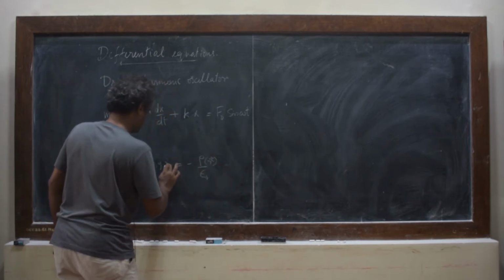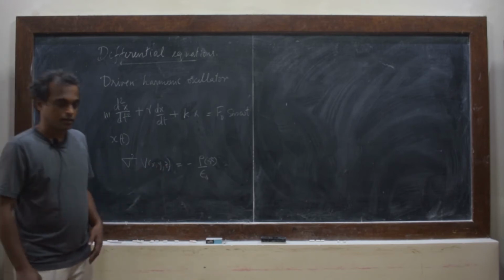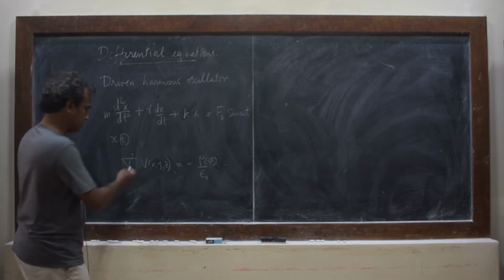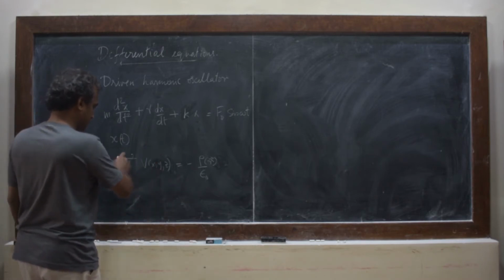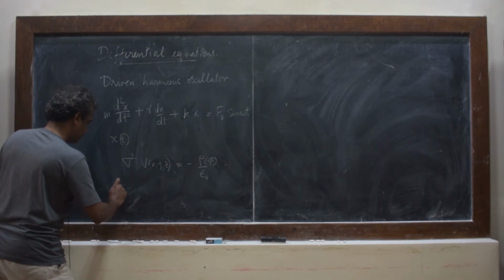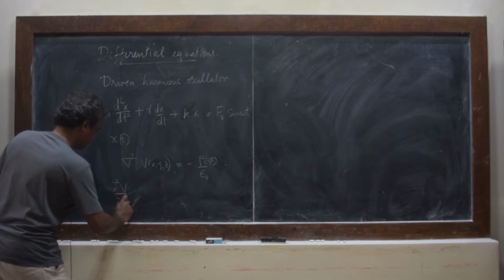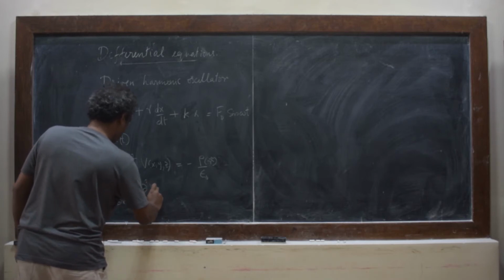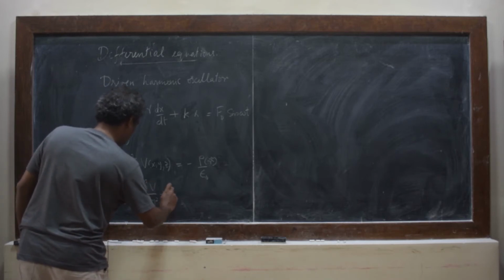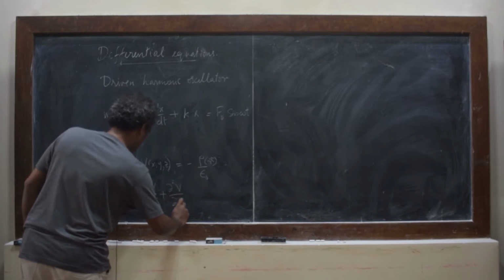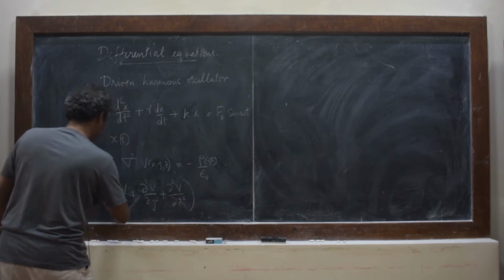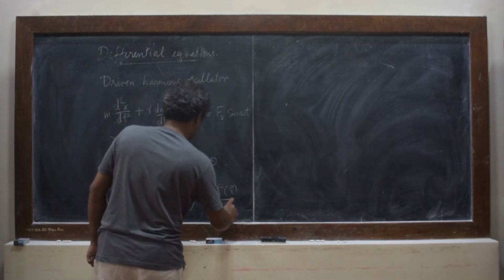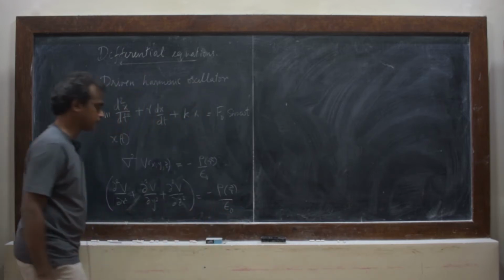Static case, in this form. So, this is another example of a differential equation where the expansion of the left hand side takes the form del square v by del x square plus del square v by del y square plus del square v by del z square equal to minus rho over epsilon 0.